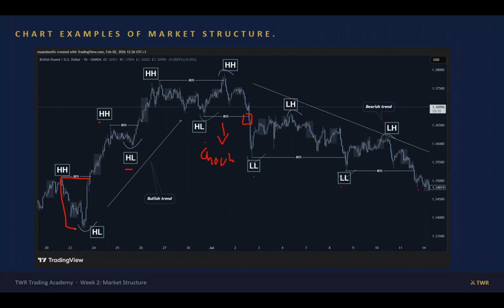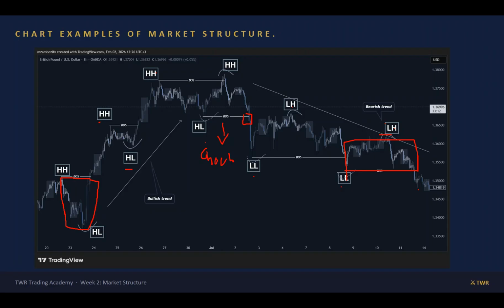The lowest point price reached before breaking the structure is the higher low. For a bearish trend, you do the same. Draw a rectangle from the previous lower low to where price broke structure. Drag it. The highest point price reached before breaking structure becomes the lower high.